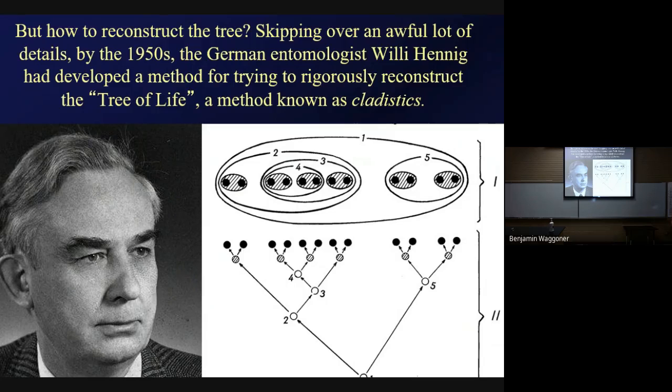A method that he called cladistics. All right, I always seem to say it wrong. I'll never test you as to what Greek and Latin roots mean, but klados happens to be Greek for a branch. So cladistics is just branchistics.